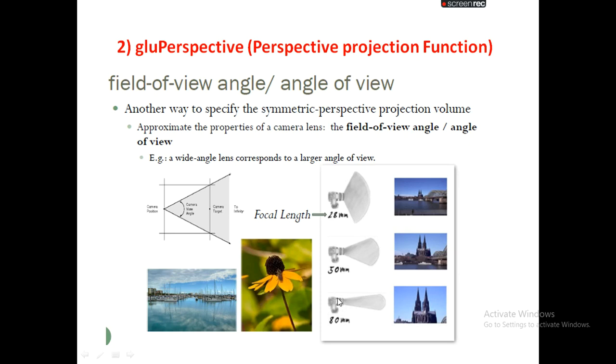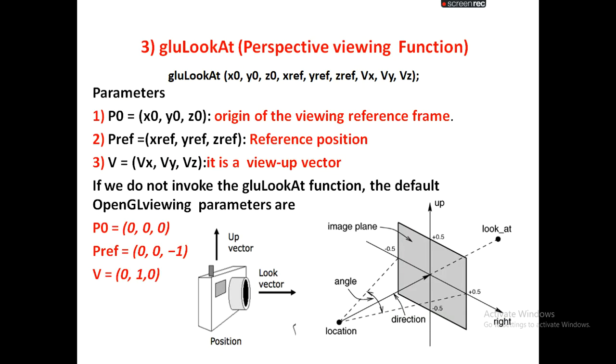These are the focal lengths with respect to a real camera. The same focal length we will use as angle of view in the synthetic camera, that is called the theta value here.